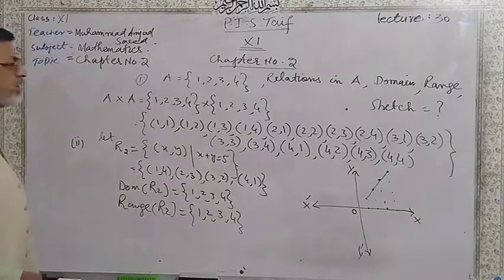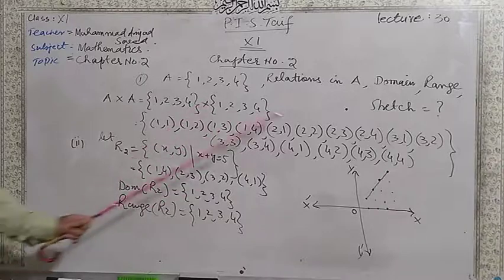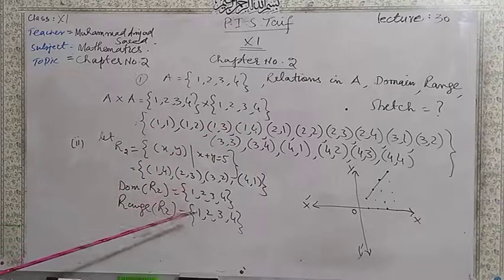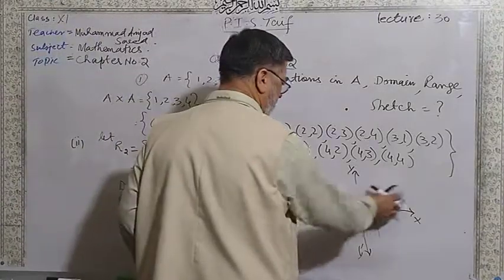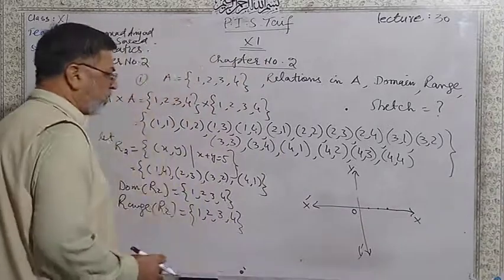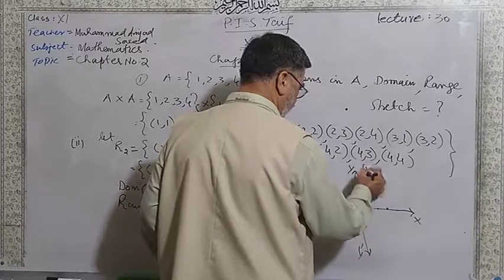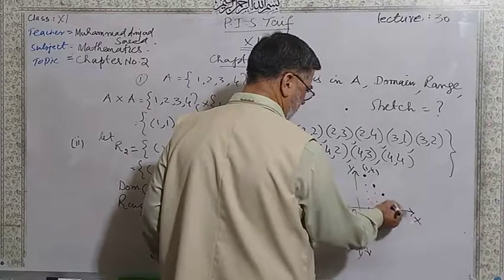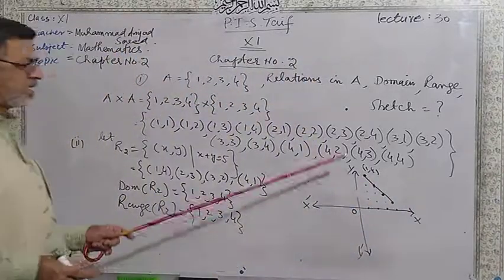So dear students, this is R2 which is tabulated according to the given equation x plus y equal to 5, and we choose these ordered pairs from A cross A. All the time we are taking from A cross A. Then we draw the sketch: 1, 4, then 2, 3, then 3, 2, then 4, 1. So this is the sketch.